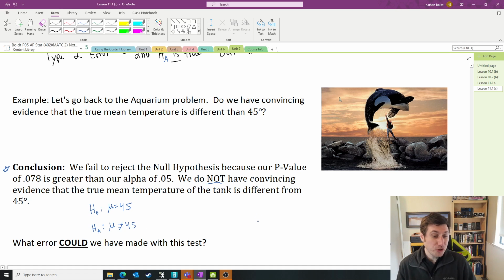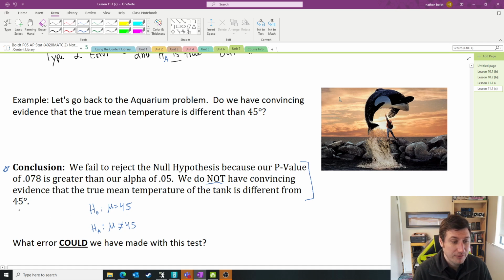What error could we have made? So let's say that this was an error, that this was actually wrong. Well, if our conclusion was we do not have convincing evidence that the true temperature of the tank is different from 45, well, that would be wrong if the temperature was different than 45.